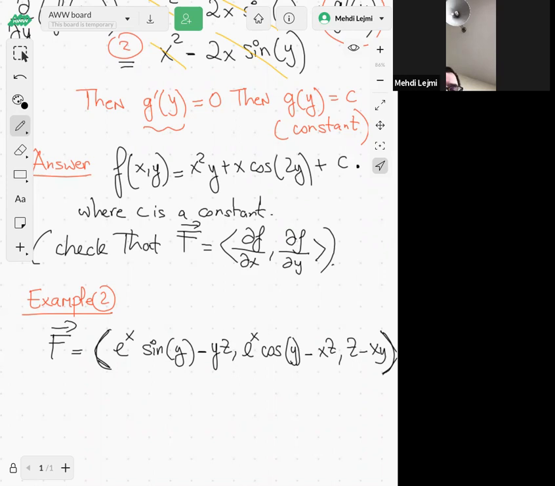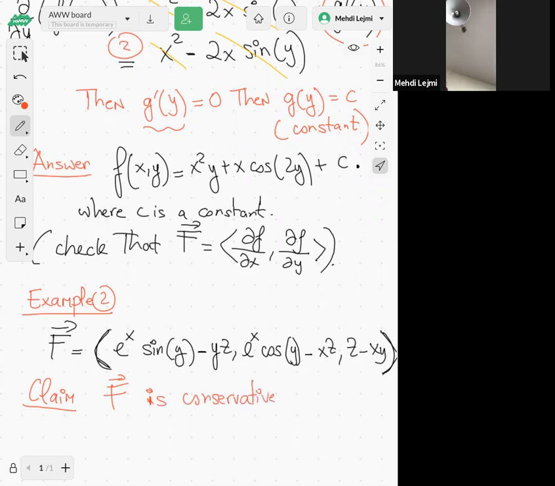Well, I claim that this vector field is a conservative vector field. I don't think we checked that in the previous exercise. You can check it, of course, at home. So this f is a conservative vector field.